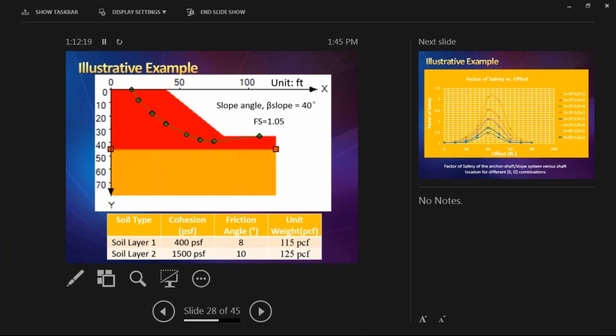So now we want to use this slope problem to design the drill shaft to improve the factor of safety to a desirable factor of safety, whether you use 1.3 or 1.5, that's your agency's call. But anyway, this is not a real soil slope, just for demonstration purposes. The groundwater table, as you can see here, is right at the boundary between the red soil and the yellow soil.